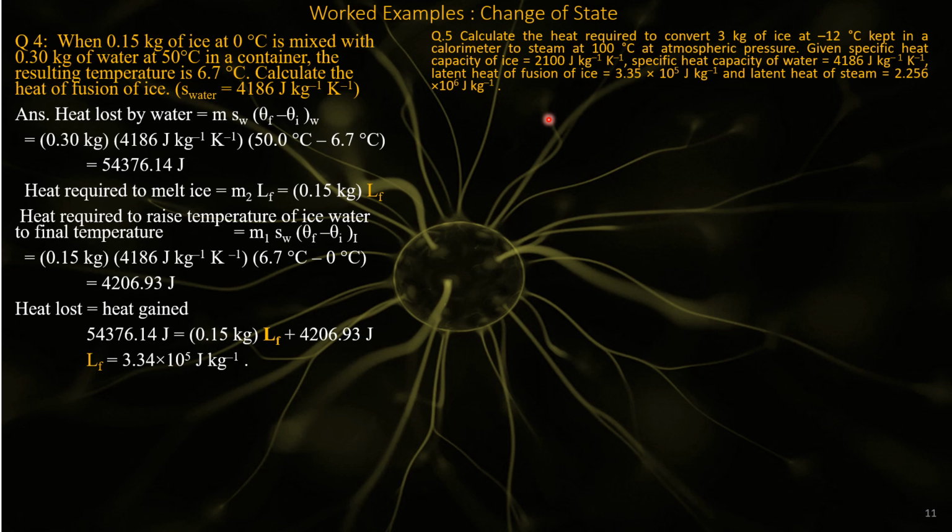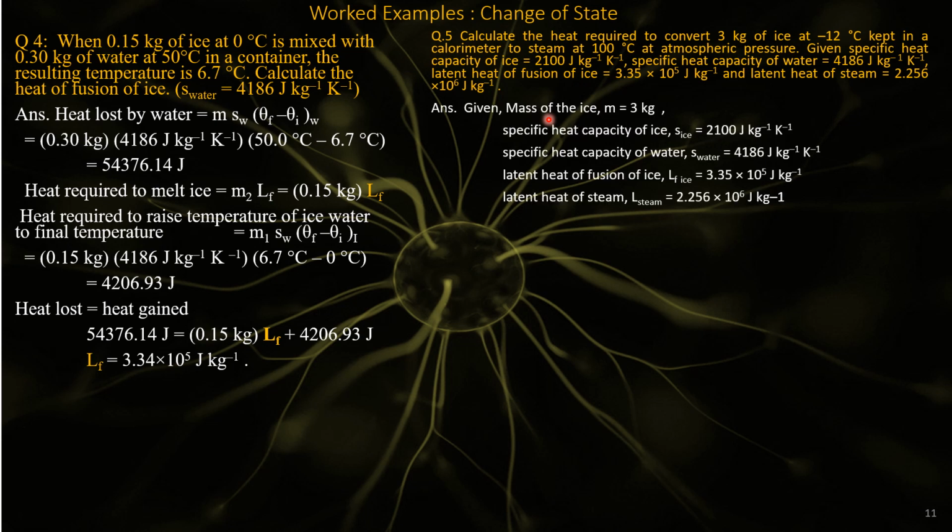Please note down the given values separately step by step. So I will answer the question. Answer: given mass of ice is m equal to 3 kg. Specific heat of ice, S ice, is equal to 2100 joules per kg per Kelvin, and specific heat capacity of water, S water, is equal to 4186 joules per kg per Kelvin.